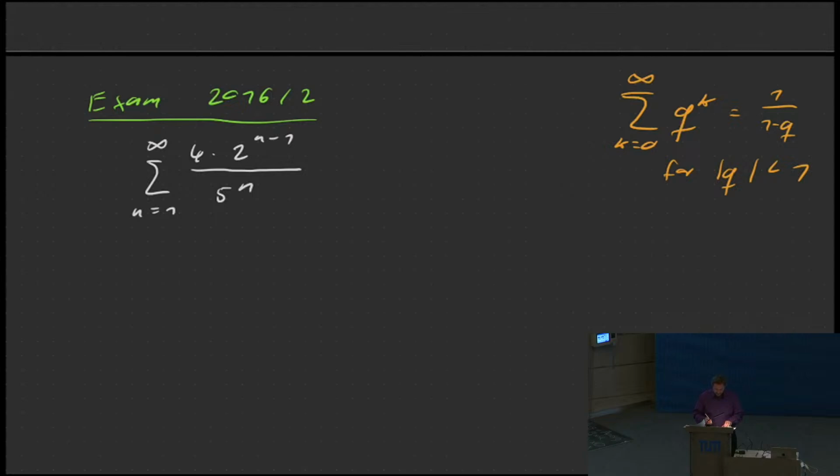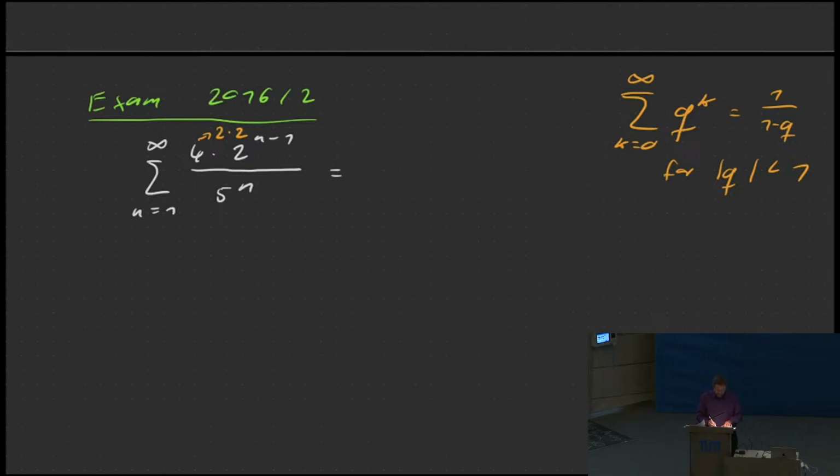So let's give that a try. First problem is we have n here and n-1 here. Of course, we'd like the same power in both parts of our fraction, so that we can then write that as fraction to the power of something. That's easy to deal with in this case, because this 4 here, we can write this as 2 times 2.